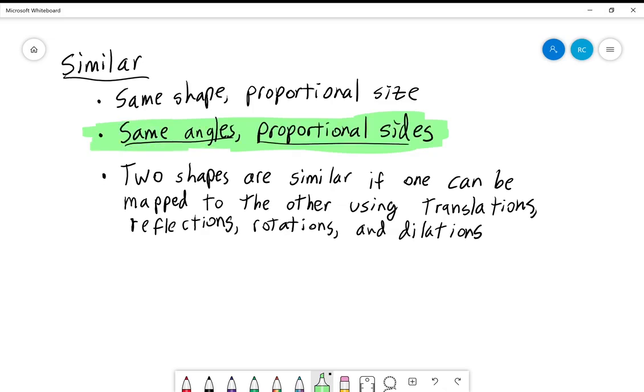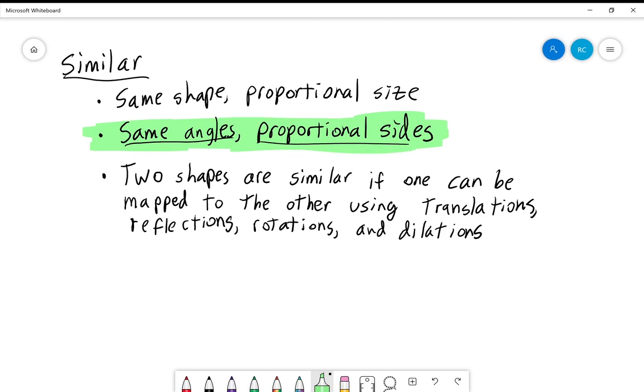This is the definition that in a problem on a class test, you are most likely to find use for. It's much more likely that you're going to be using the same angles, proportional sides rule rather than using the translation, reflection, rotation, dilation rule. Because again, in most real problems, you can't pick shapes up and dilate them and rotate them to see if they're similar or not. So usually you're going to be looking at angles and sides.